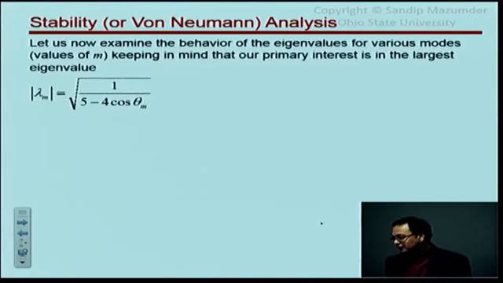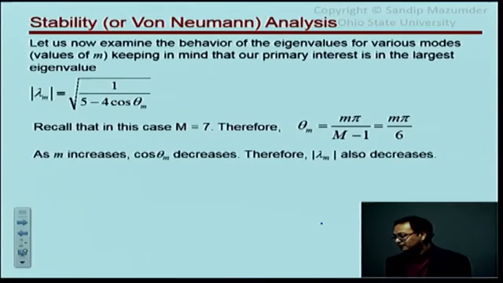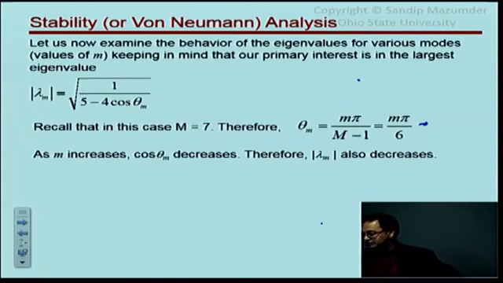Now let's look at this function. In this case, capital M is equal to 7, and therefore your theta m is m pi over M minus 1, which is m pi over 6. Now, if you look at the cosine theta m, the range of theta, if you look at this expression, is between 0, since m equal to 0 gives me a 0, and when I plug in m equal to 6, it gives me pi. So that's the range I'm looking at, 0 to pi.